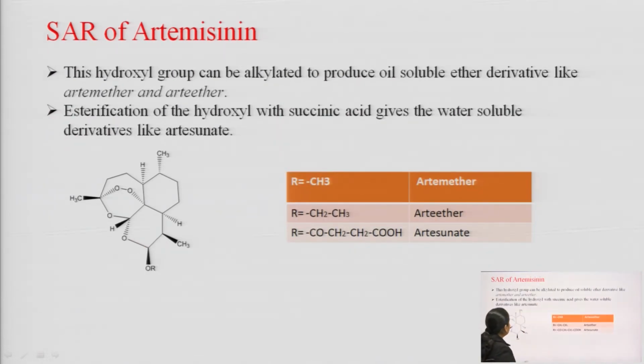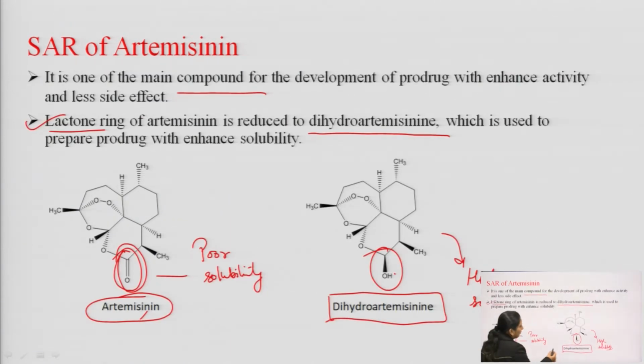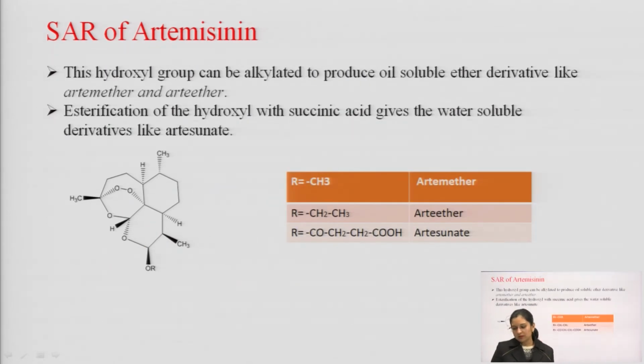Next, the hydroxyl group can be alkylated to produce oil soluble ether derivatives. Here we see this OH group. This OH group can be further substituted to form more lipid soluble drugs, like the examples of artemether and arteether.